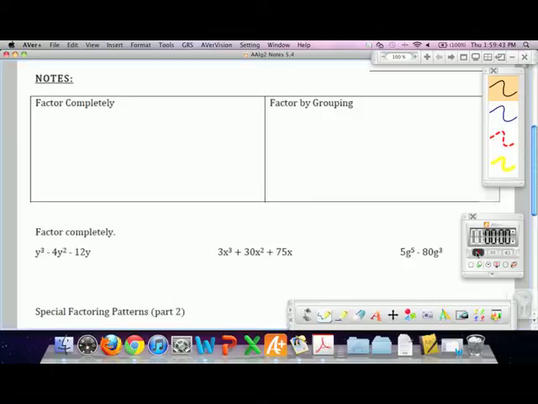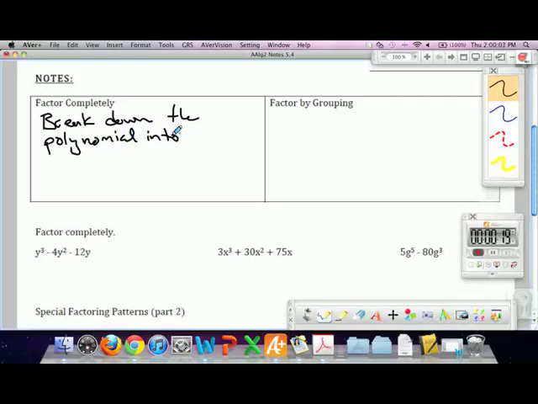Called factoring completely, is to factor or break down a polynomial into, quote unquote, the smallest or simplest factors possible.